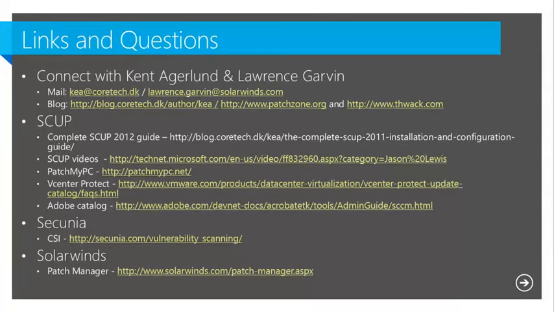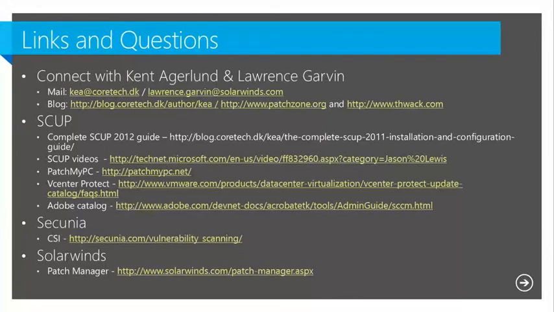So when you install SCUP, as I mentioned earlier, it will install the database in your user profile. So what you do is you take the database, copy it somewhere else, and then you go in and edit the XML file. And in the XML file, you just add in a line saying the database is over here. And that's basically how you do it.